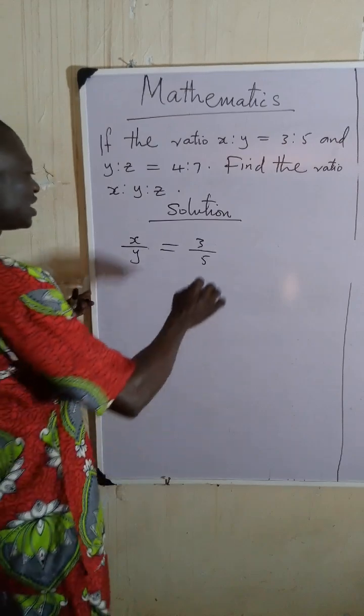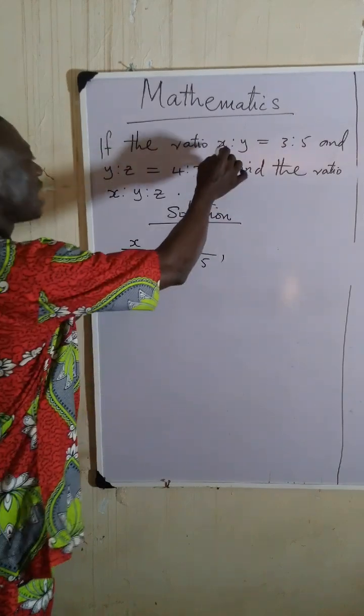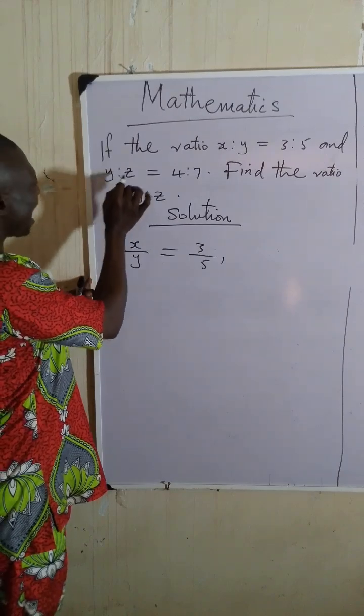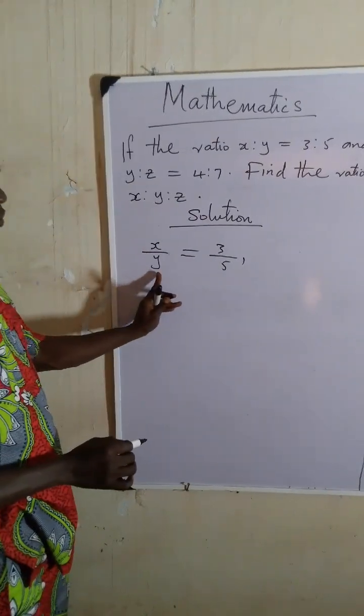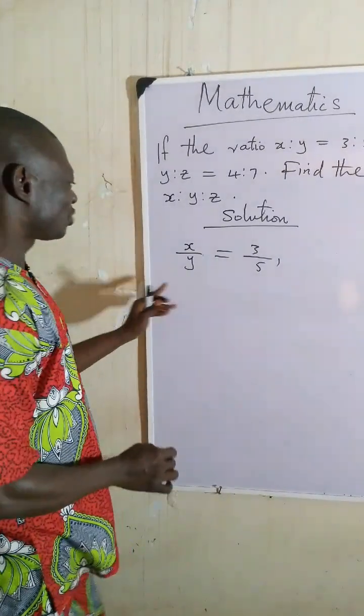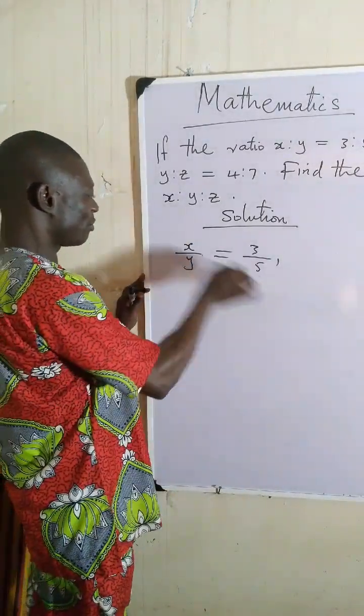Then we can look at the two of them, x and y, and y and z, and discover that y is found in both of them. Let us try to make y the subject of the formula by cross multiplying.